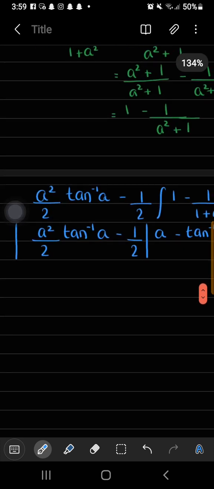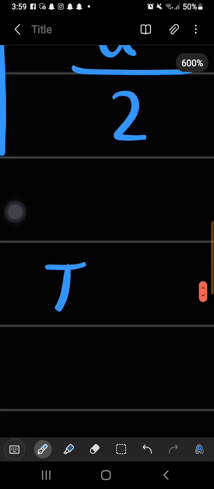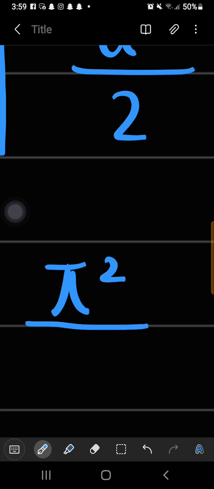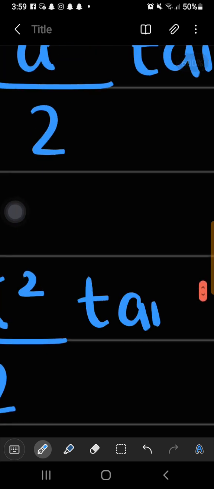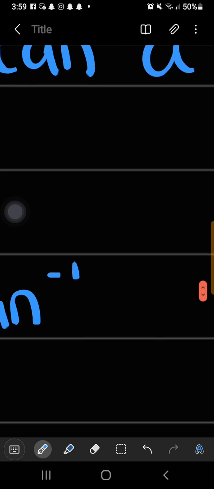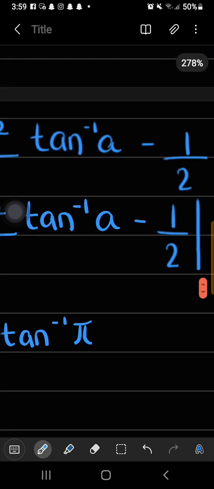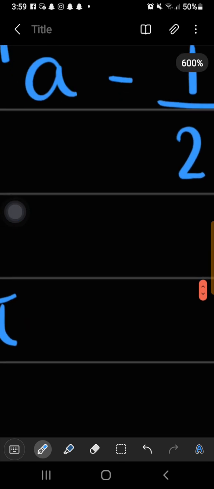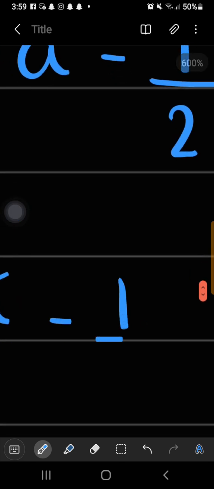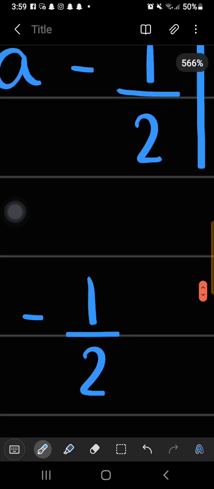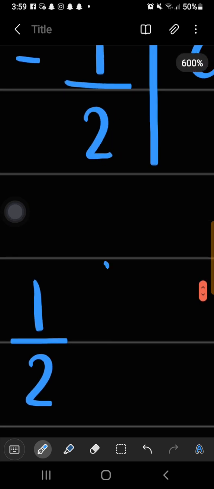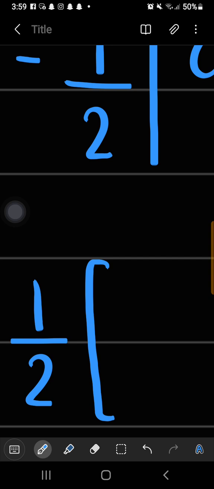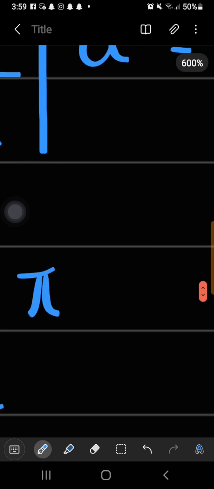So right here, pi square upon 2 tan inverse pi minus 1 upon 2 times pi minus tan inverse pi.